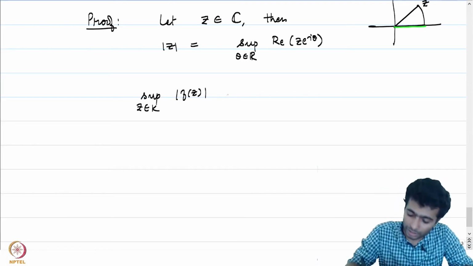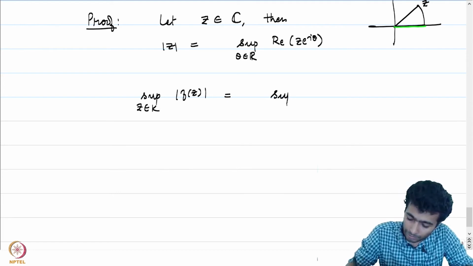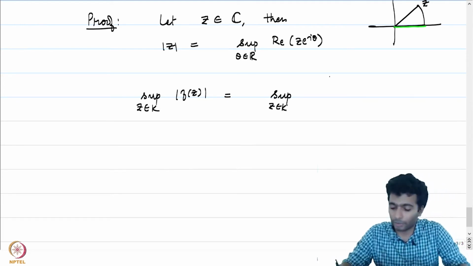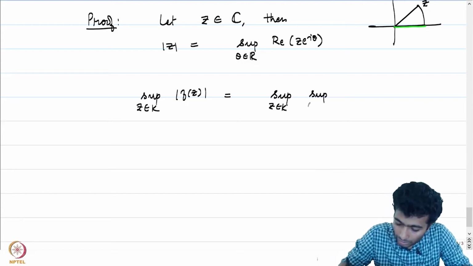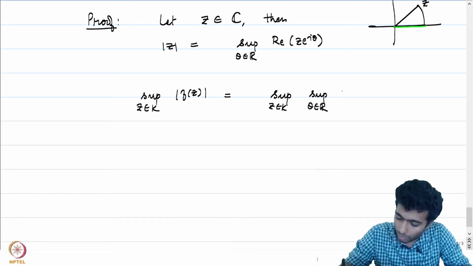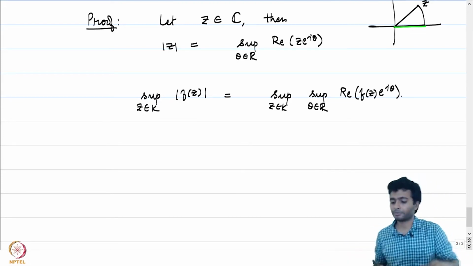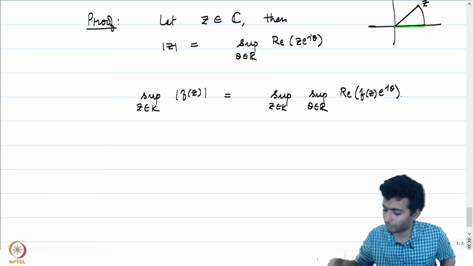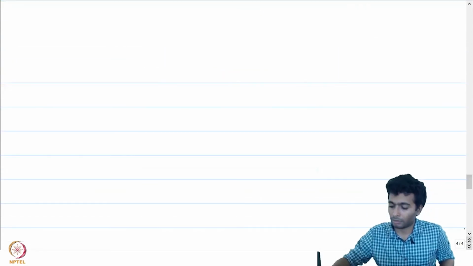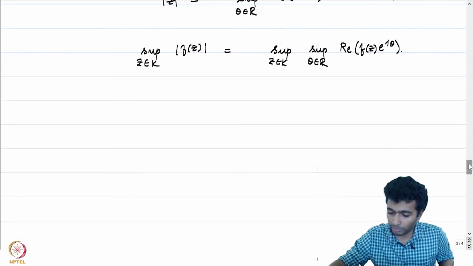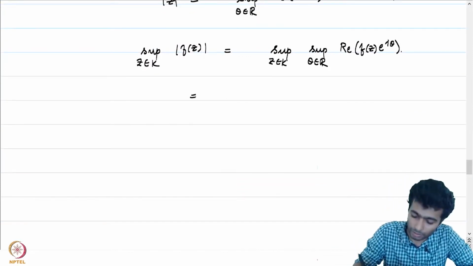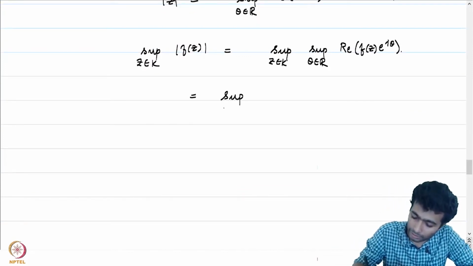But then we just noted that the absolute value can be written as the supremum over theta in R of the real part of f of z times e to the power i theta. But then this set can now be written in this manner as well.